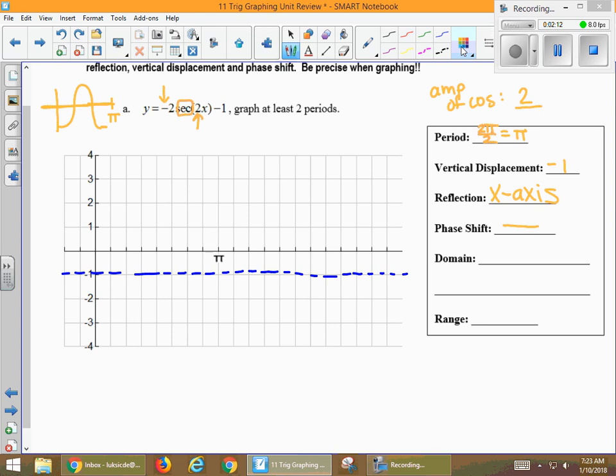So since my midline's at -1, I'm going to start at -3, and one period of the function is going to end at -3, so it's going to happen at pi. In between, which is going to be pi over 2, which you can label or you don't have to, we're going to go up 2 from that midline, so that point is actually pi over 2, 1. And right in between our min and max, we're going to cross the midline.